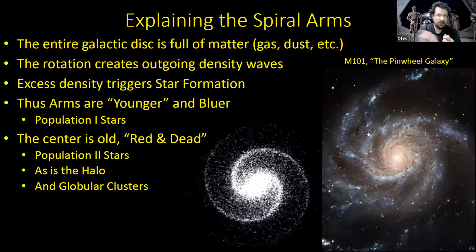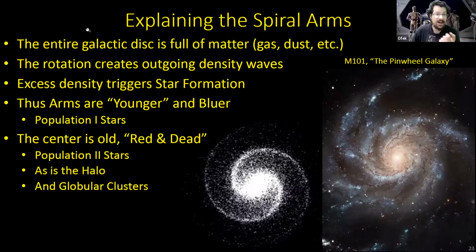So what we're basically tracing are these density waves coming from the rotation of the galaxy. And whenever a density wave triggers star formation someplace, we'll get a burst of young blue stars. And that's really explaining why the galactic plane is the place to look for young blue stars. It's because that is where star formation can occur. While off the galactic plane, you'll find old red and dead stars, globular clusters, which are older, basically stars which formed a long, long time ago.